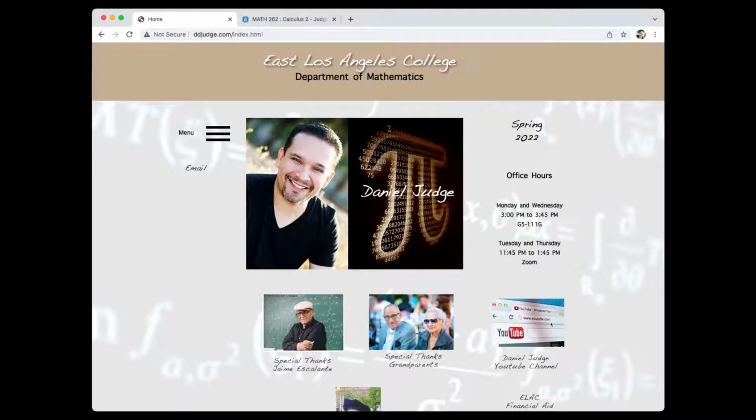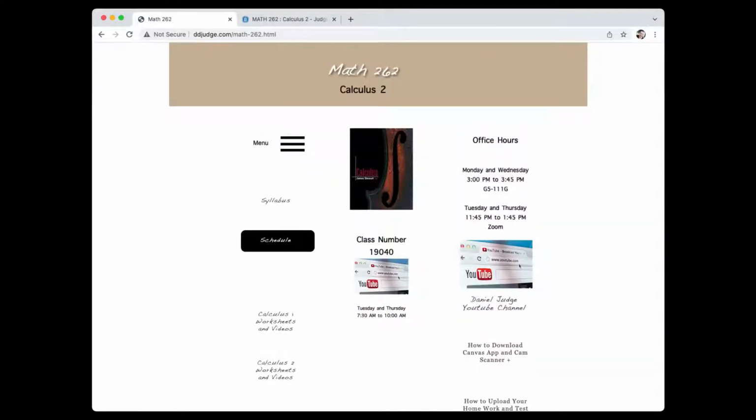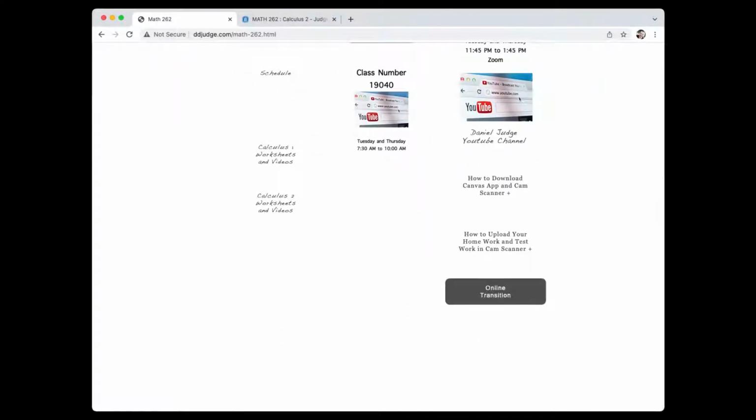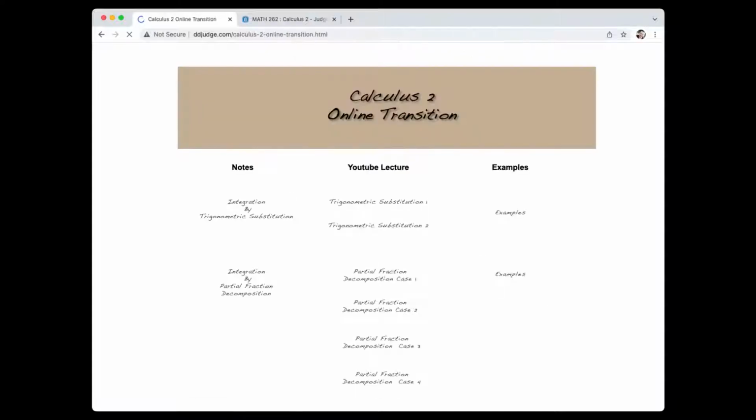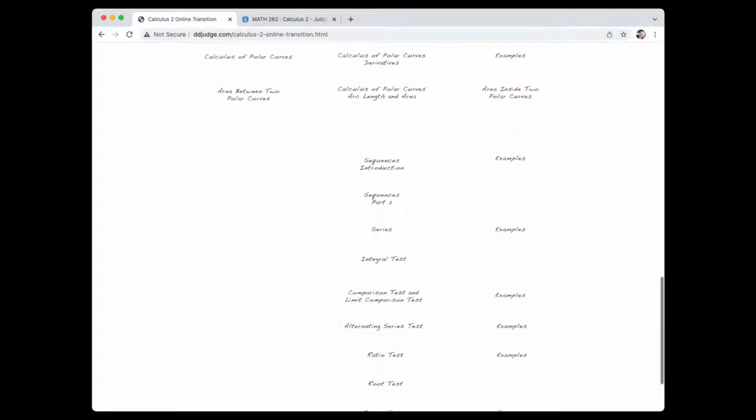Okay, let's take a look here at what we're doing. Let's go to the browser and head out to Math 262. You guys have something called an online transition. Whenever we transitioned due to COVID originally, I created a bunch of worksheets and notes because of the transition.